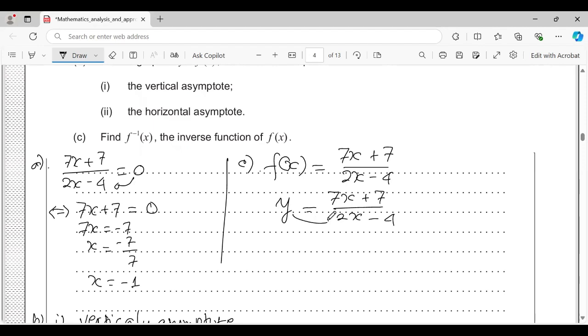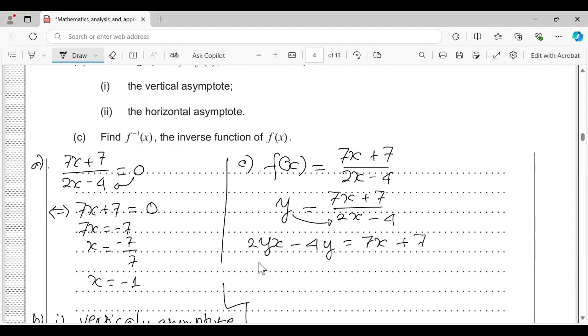Multiply y by this denominator, it becomes 2yx - 4y equals 7x + 7.